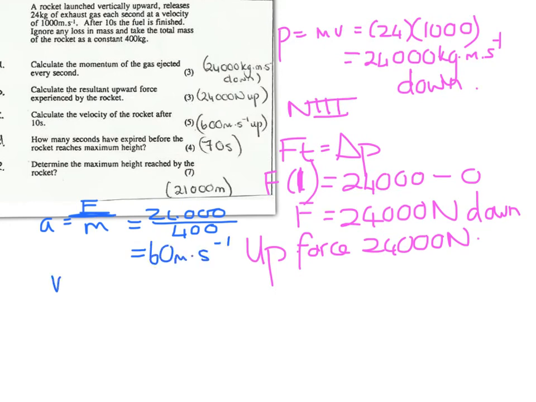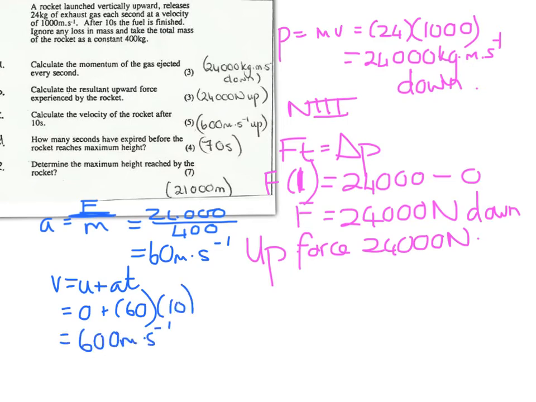And now if I put that in, v equals u plus at, my initial velocity was 0, my acceleration is 60, and my time is 10, so I land up with 600 meters per second. Then how many seconds have expired before the rocket reaches its maximum height?